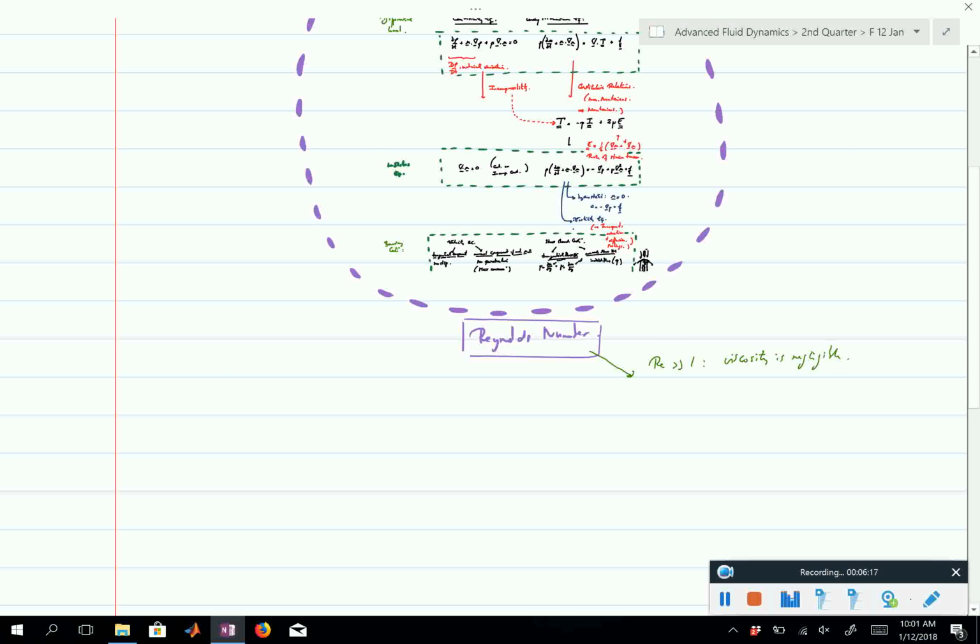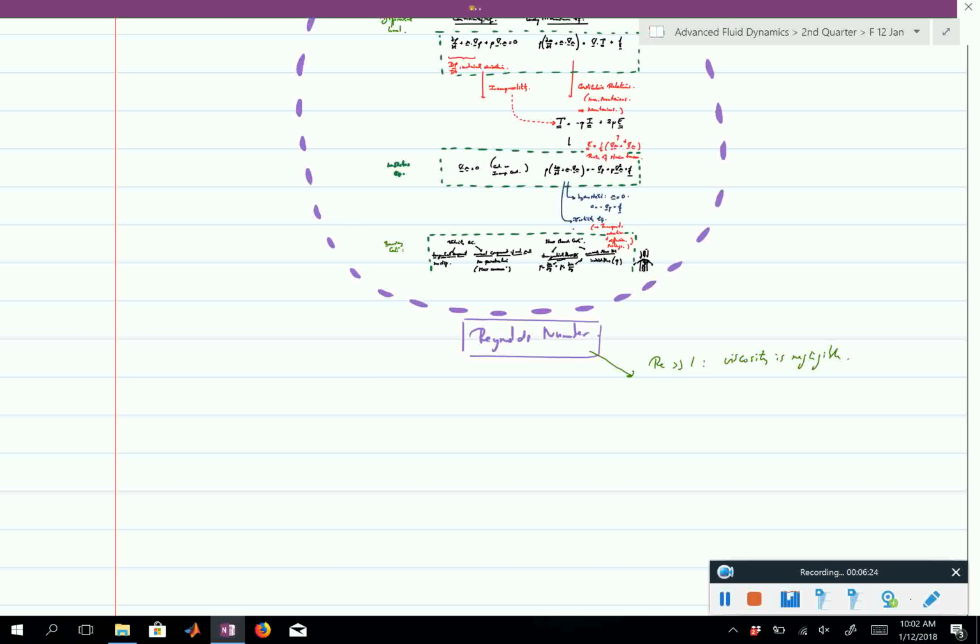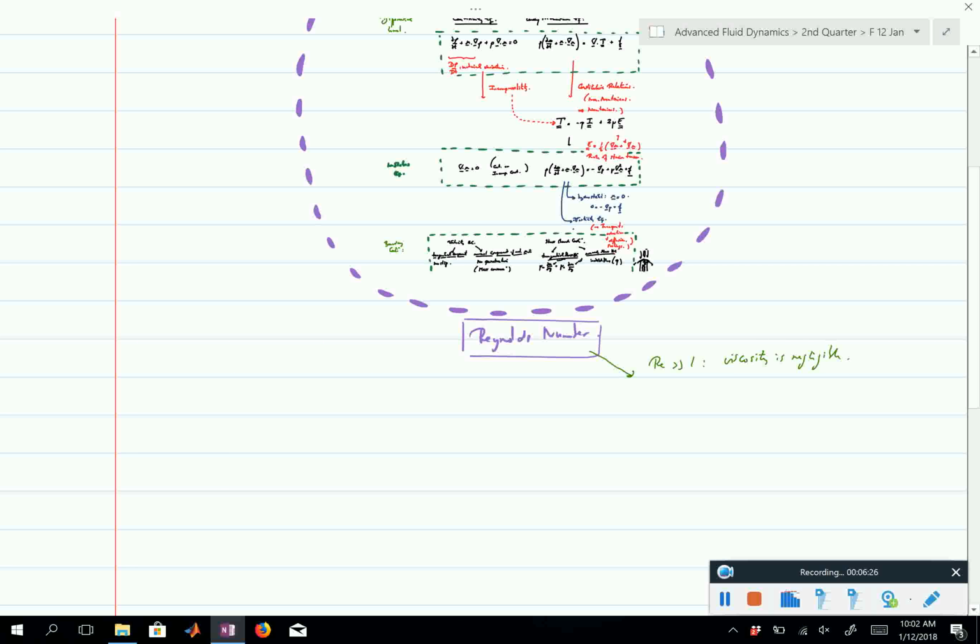So when viscosity is negligible, the first thing that you would do is look at the Navier-Stokes equation and cross out the viscous term, and then you wind up with Euler's equation.